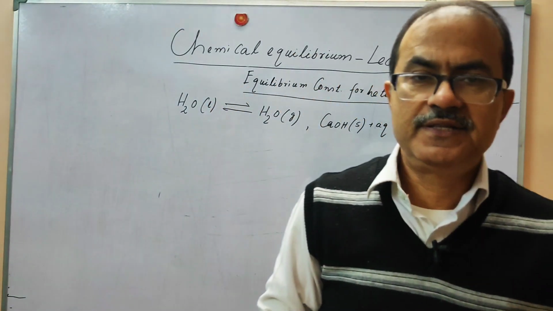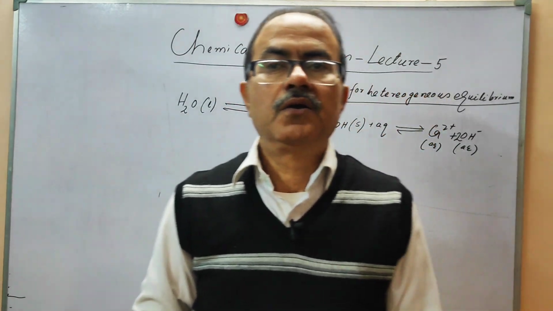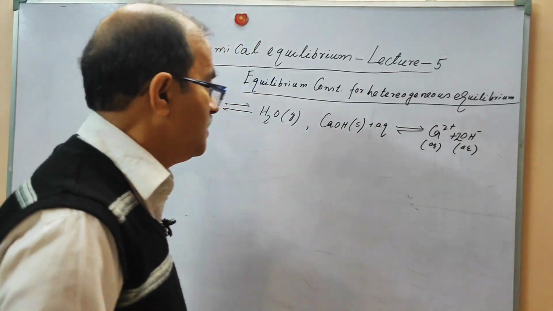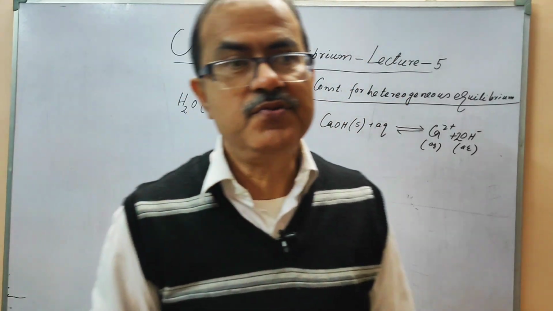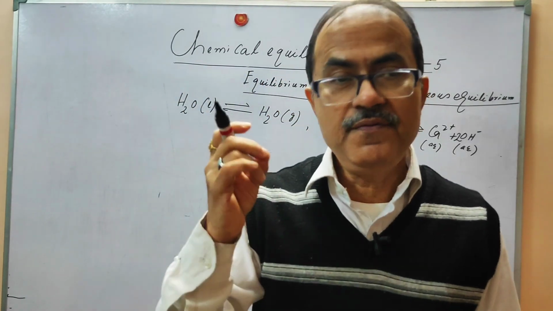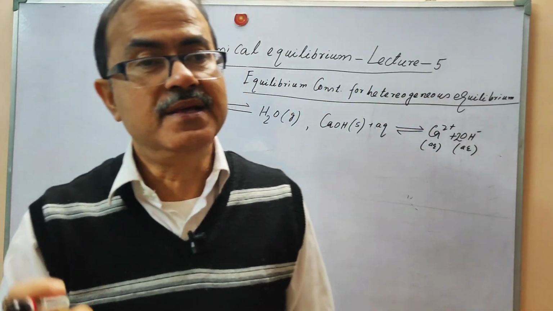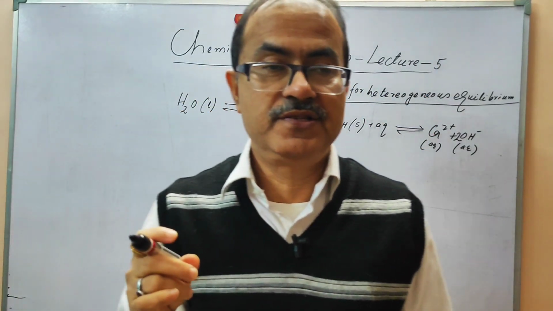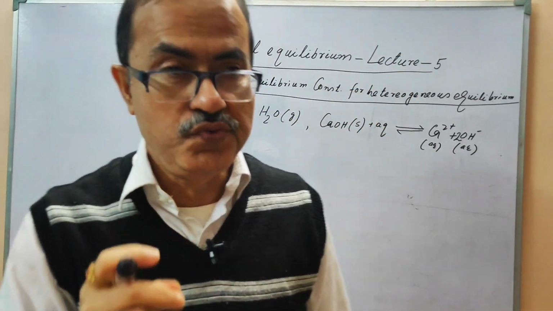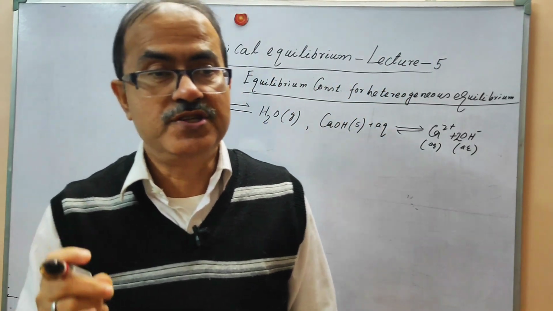Now we want to understand how we write the equilibrium constant for these heterogeneous reactions. In a heterogeneous reaction, obviously, one phase will be the solid phase and another phase will be the liquid phase, and the molar concentration of the liquid and the solid phase has a constant value.